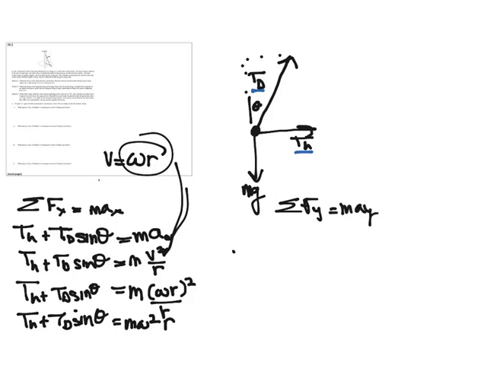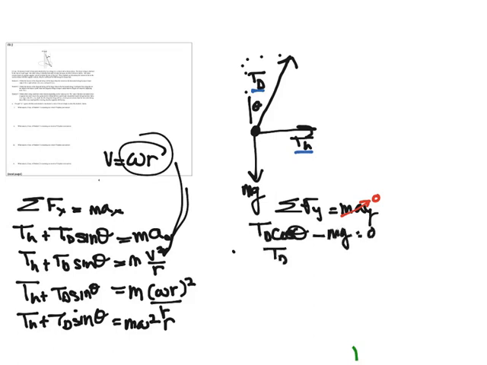I know there's no acceleration in the y direction, that just goes away. And I have TD, the component of TD that's pointing upwards, and that's going to be TD times cosine theta, because it's our adjacent part, minus mg, and it's equal to 0.